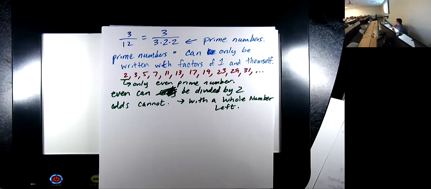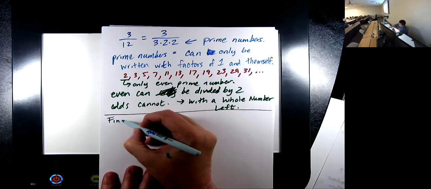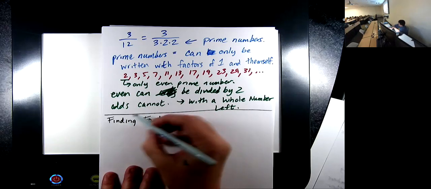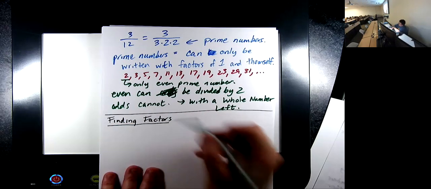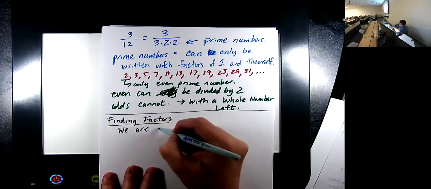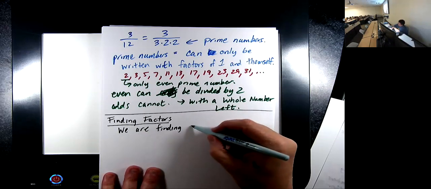Now we're going to do this factoring thing a lot. So what's an easy way to do it if you don't just recognize it? How do we find factors? What we're really doing is finding numbers that we can divide by.